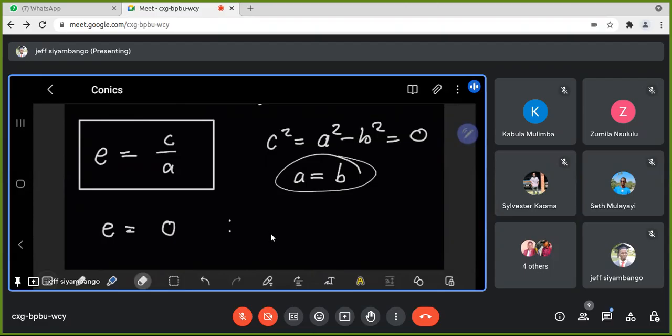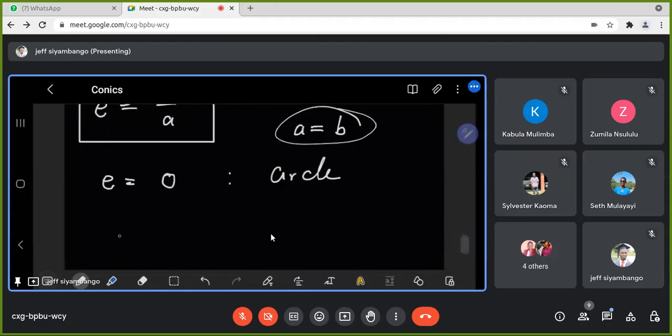But here, when we get this to be equal to 0, we can say this is a circle. So if e is equal to 0, then we're dealing with a circle.